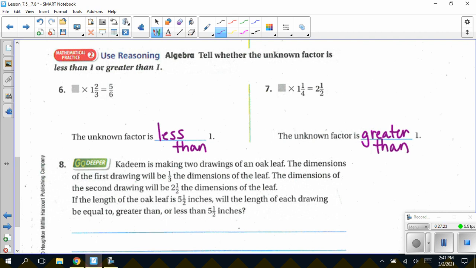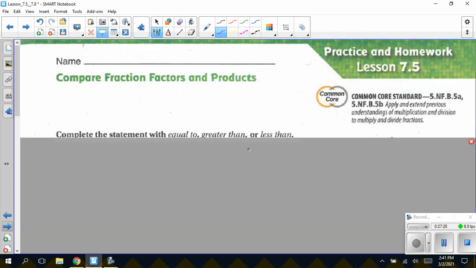So I am going to go ahead and move on to the homework. The homework is found from lessons 7.5 and 7.8. So it is just the front pages of 7.5 and 7.8. Your homework on 7.5 will be found on page 449. You are doing 2 through 8.